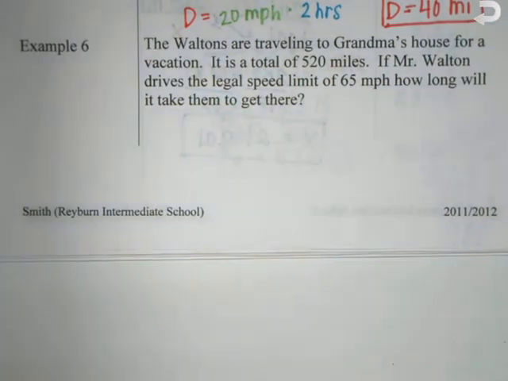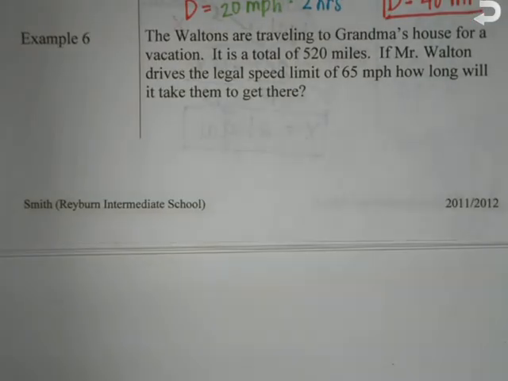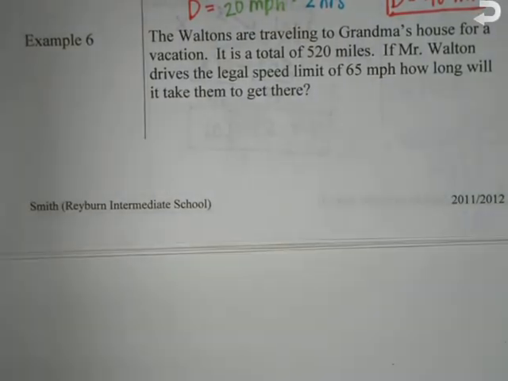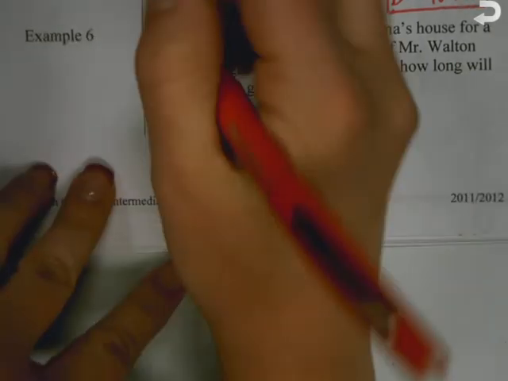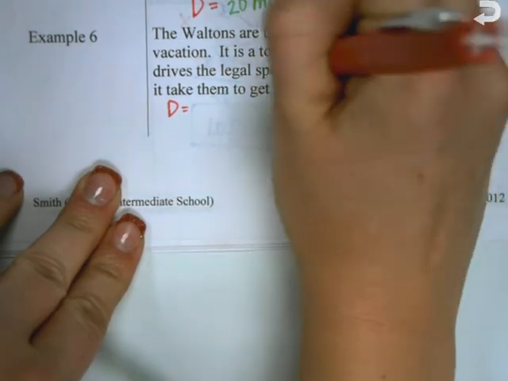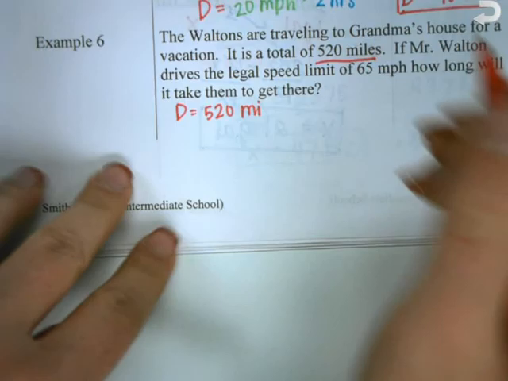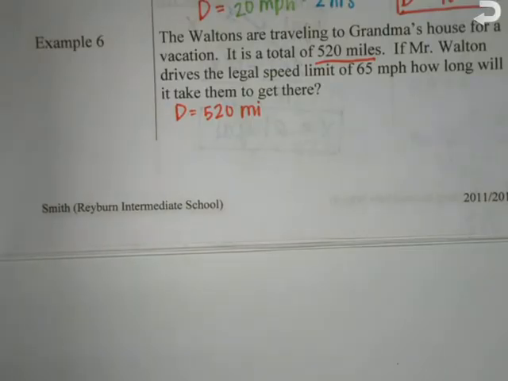The time and the distance. What is the distance? The distance is 520 miles. And what's the time? There is no time. What are we given, Jerry? The rate. Yeah, what's the rate? 65 miles per hour. We're trying to find the time.